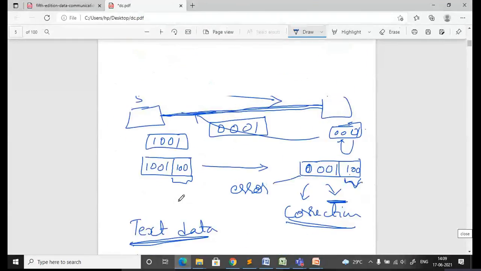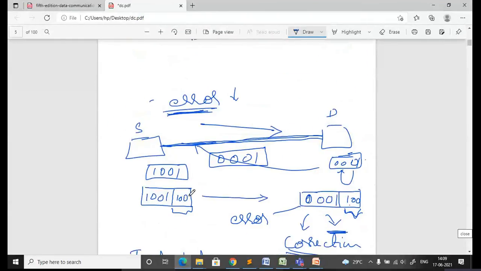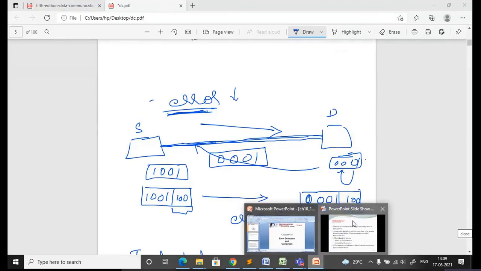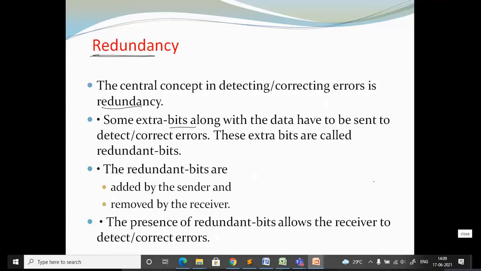Instead of sending only the data, I am adding some extra bits. These extra bits are used for detecting errors, and we call them redundant bits. They are sent along with the data for the purpose of detection and correction.